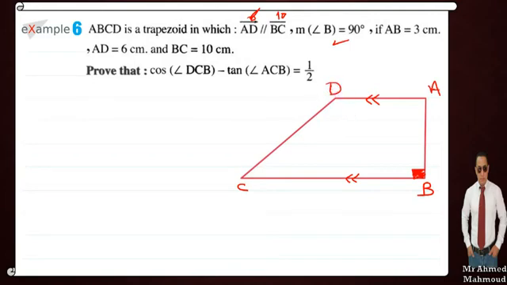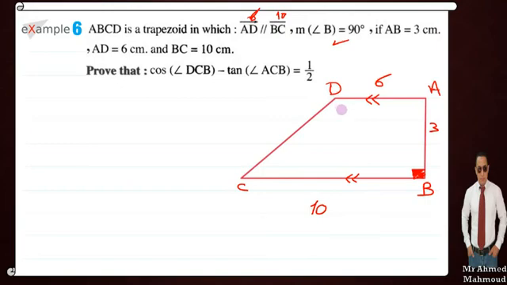Now I need to write the lengths on the shape. AB equals 3 centimeters, AD equals 6 centimeters, BC equals 10 centimeters.